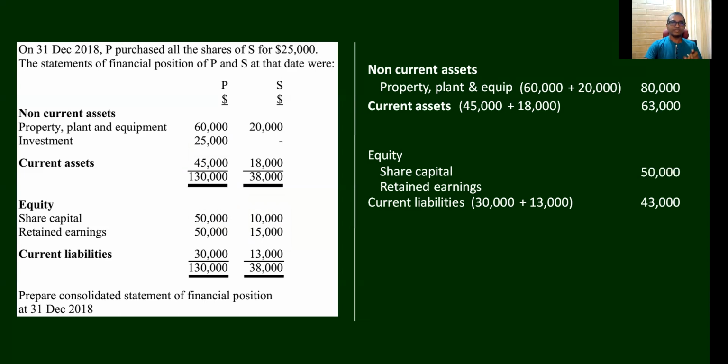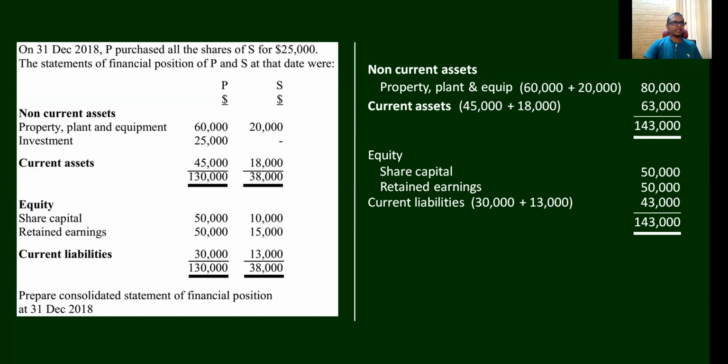And since this 15,000 also gets cancelled off, as the retained earnings also, we show only this 50,000. Okay, so the total of assets, total of equity plus liabilities in the statement of financial position, this gives you the consolidated statement of financial position.